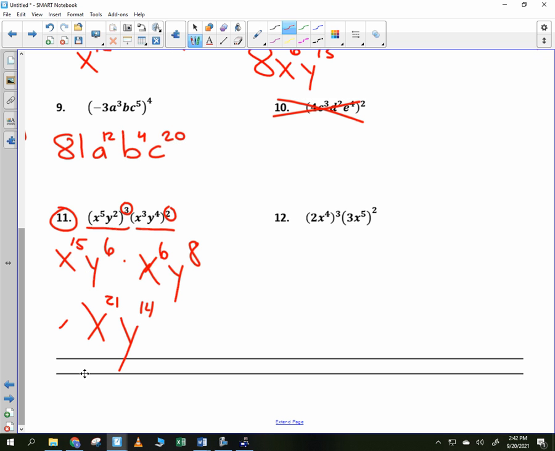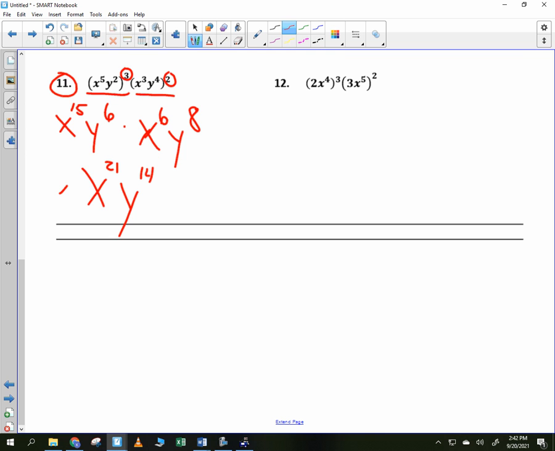All right, then you help me with number 12. 2x to the 4th cubed. All right, here we go. So I'm going to cube this. What is 2 cubed? Times x to the 12th.